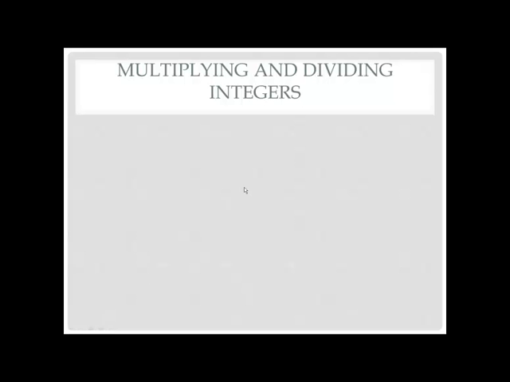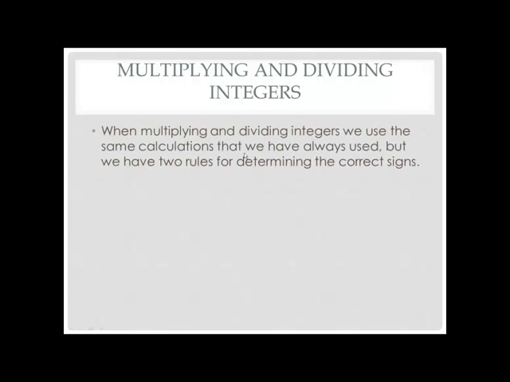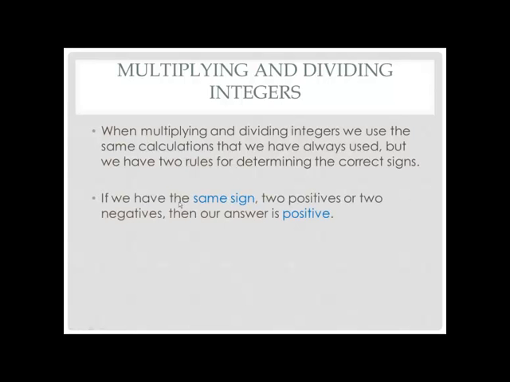Multiplying and dividing integers. We would multiply and divide the integers. We do the calculations the same way that we always have, but we do have a couple of rules for determining what our sign should be in our answer. The first rule, if the numbers that are being multiplied or divided have the same signs, like 2 positives or 2 negatives, then our answer will be positive.